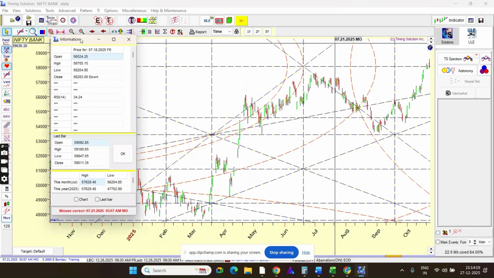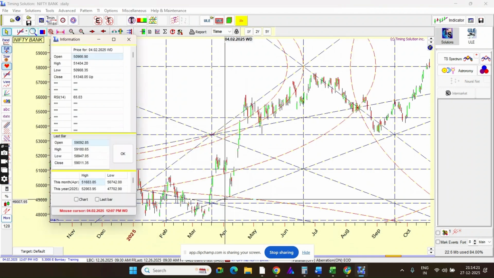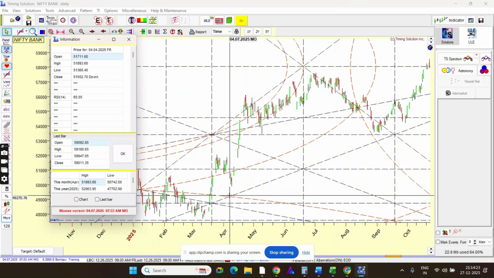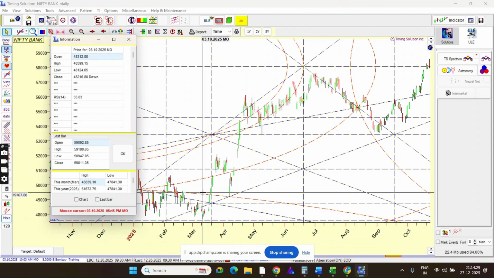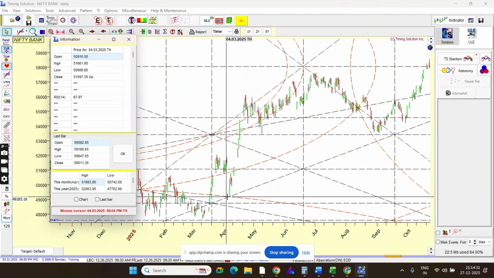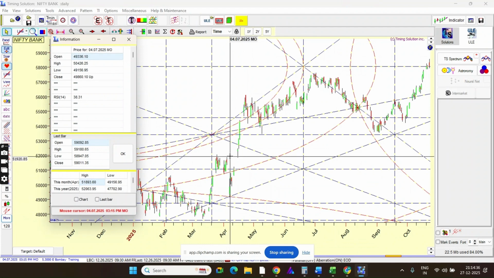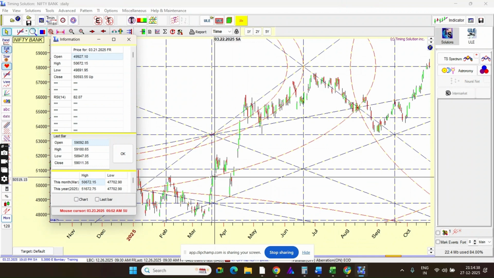So we exactly took support on this cluster here. This is the circle within the square where we took the support on the angle and then we went up. If you see here, this is the inside square within the circle.